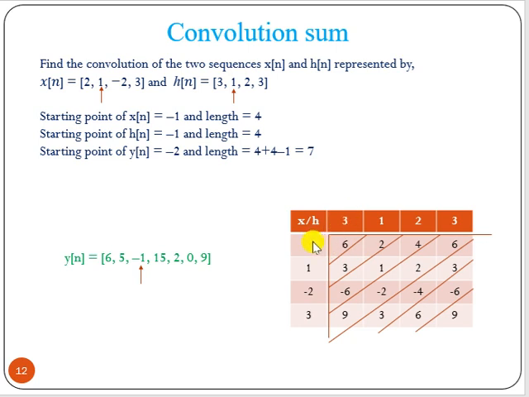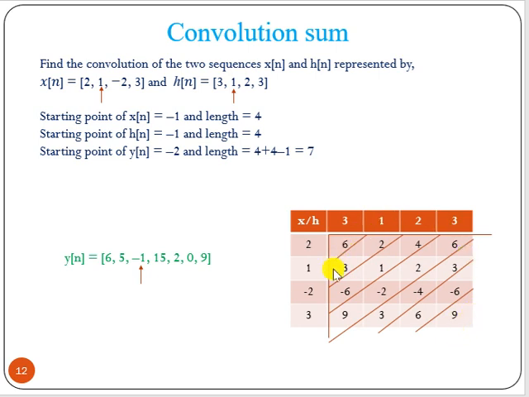So here 3 into 2, that means 6. 2 into 1, 2. 2 into 2, 4. 3 into 2, 6. Similarly, from this row into column, 3 into 1, 3. Then 1, 2, 3. Then minus 2 into 3, minus 6. Then minus 2, minus 4, minus 6. Then 3 into 3, 9. 3 into 1, 3 into 2, 3 into 3.